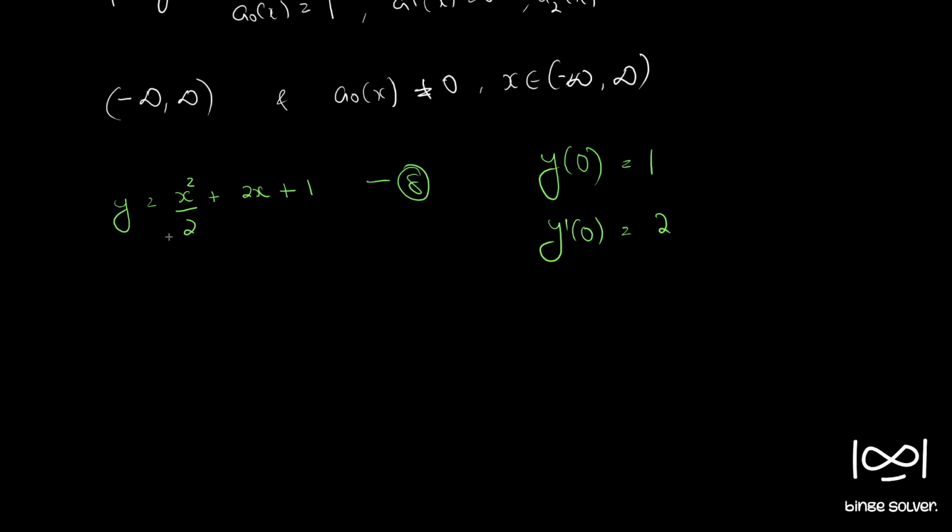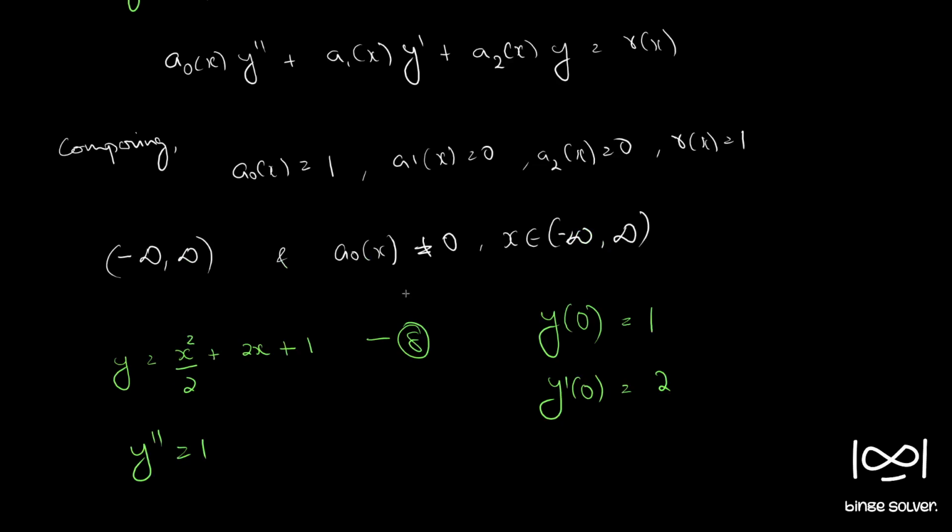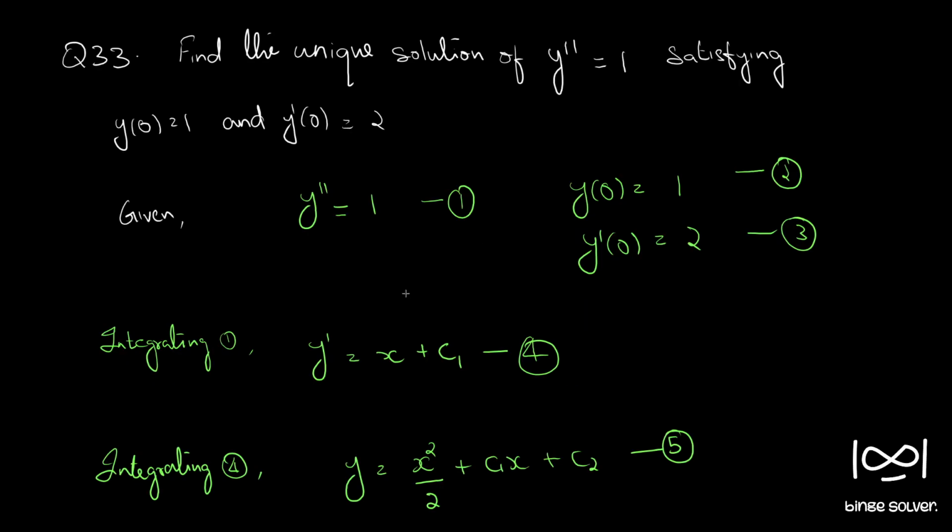This solution is a unique solution for our differential equation y double dash equal to 1. So by the uniqueness theorem we can say this is a unique solution. This is the solution to question number 33. We have found a unique solution satisfying these initial values.